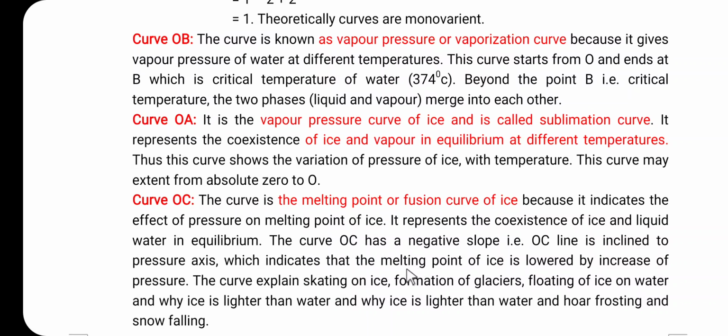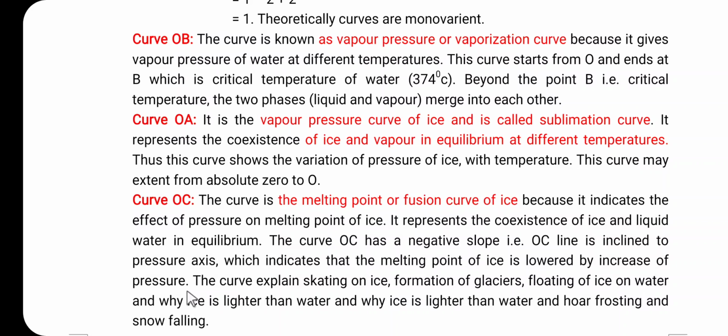Curve OC has a negative slope, that is the OC line is inclined to the pressure axis, which indicates that the melting point of ice is lowered by an increase of the pressure.